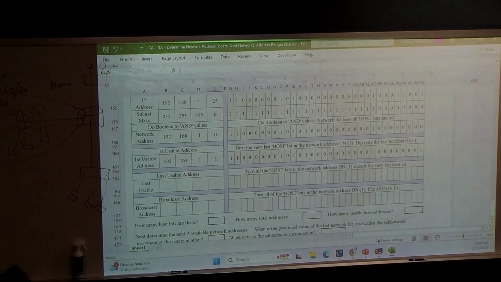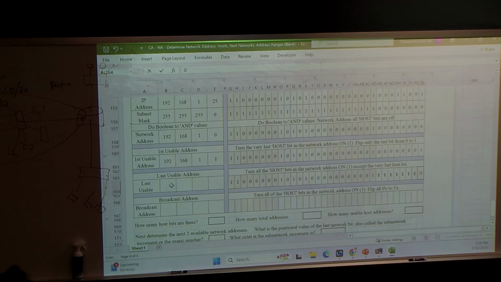Okay. So again, all of these are the same, right? For my last usable. Now, can I use my last usable? Yeah, I can use it, right?